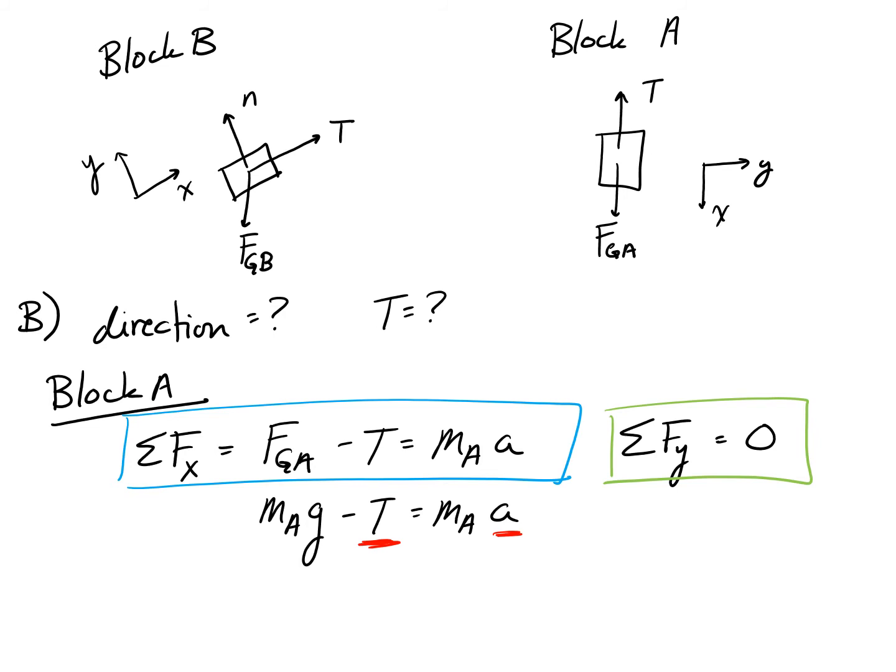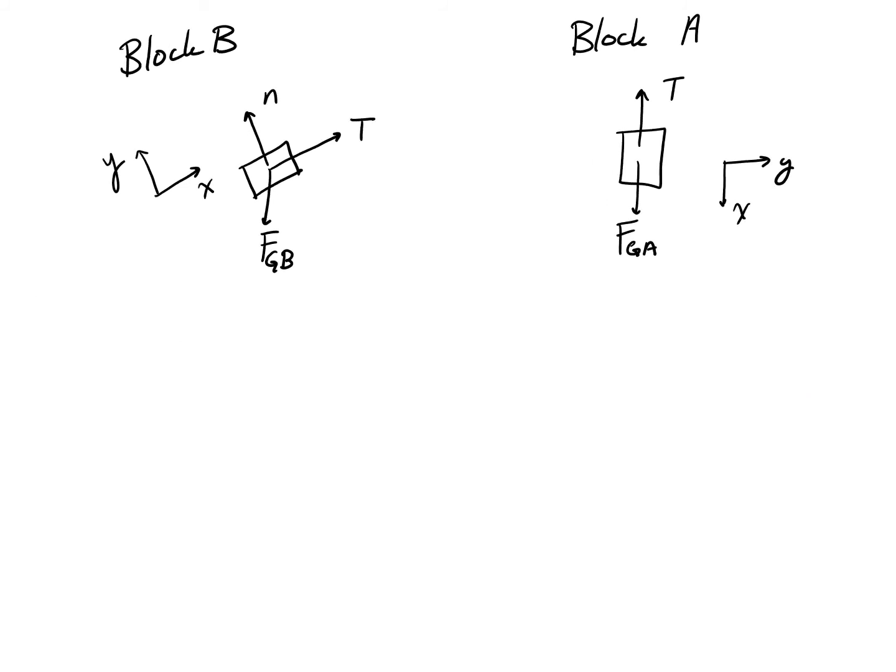However, I am connected to block B, which also has a tension and also has an acceleration. So I'm going to be able to go through and use block B and block A together to solve. So let's go ahead and look at the free body diagrams for block B. So I'm going to write out my Newton's first and second law for block B.